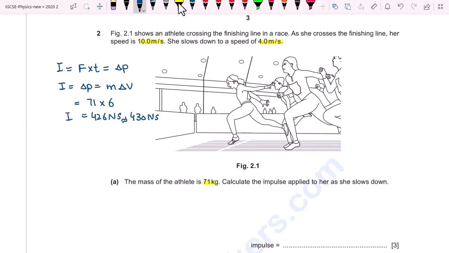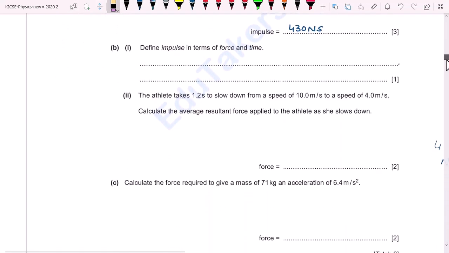So I write impulse is equal to 430 newton seconds. Let's move towards the other part of this question. Define impulse in terms of force and time.